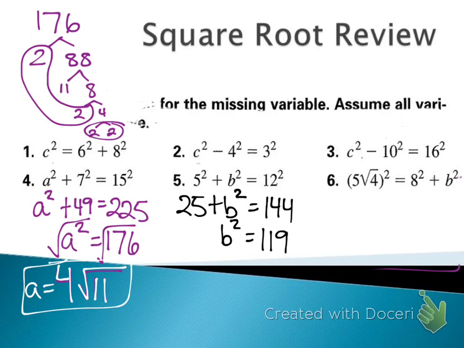Are we going to be able to simplify the square root of 119? It breaks into 17 and 7. Those are both prime numbers, so it cannot simplify any further.